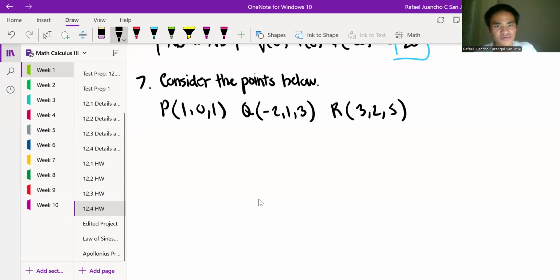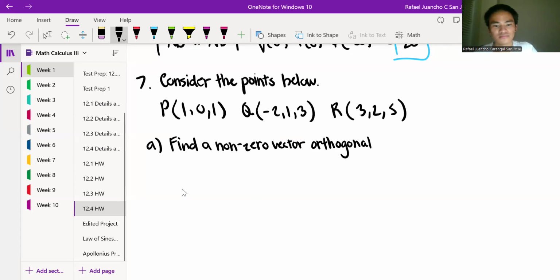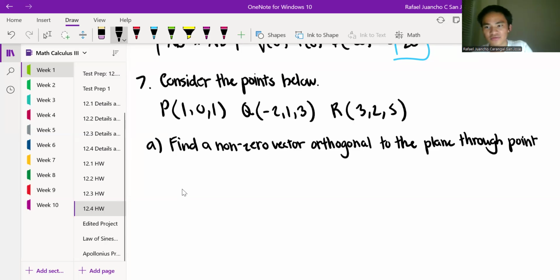Okay, what's our first question here? We want to find a non-zero vector orthogonal to the plane through points P, Q, and R. So how do we do this?